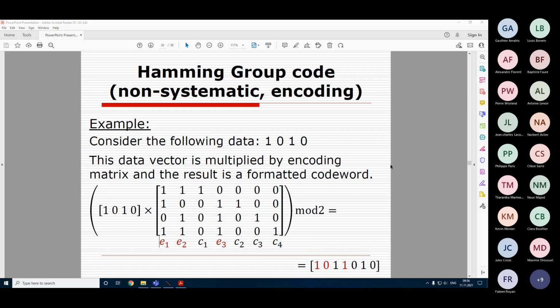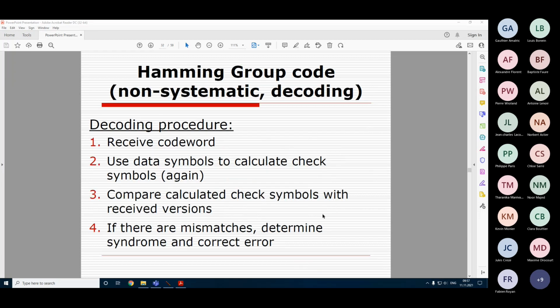So we need to make decoding equations as well, which, considering this code word, will calculate the syndrome for us. After we have a syndrome, it's quite simple. When we have a syndrome, we already know where the error is, and correcting that error is not really an issue. After that, we simply add a corresponding error vector to this code word.